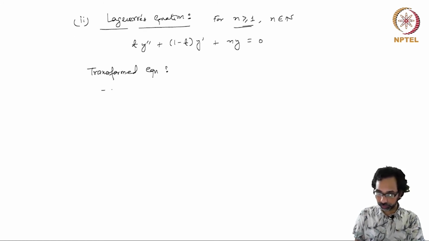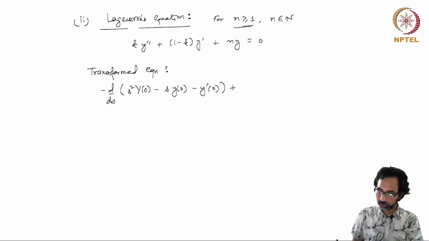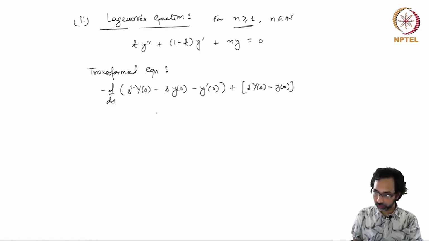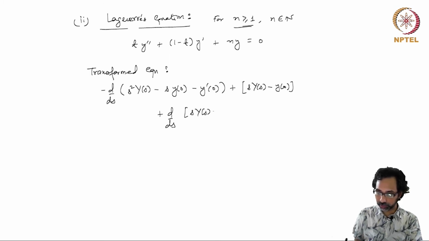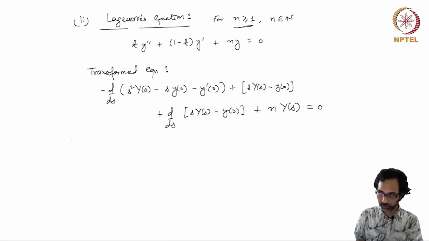So the first term is again minus d over ds of s square Y(s) minus s y(0) minus y prime(0). Then the second term has two terms. First is y prime, so for y prime you get sY(s) minus y(0), and the other is minus t y prime. So for that you get plus d over ds of sY(s) minus y(0), and the last term is simply n times Y(s). This is equal to 0.